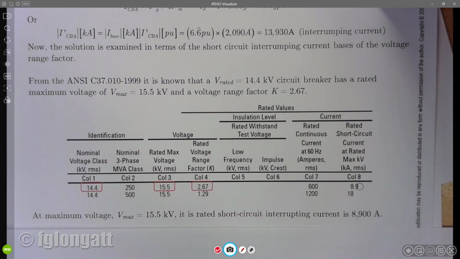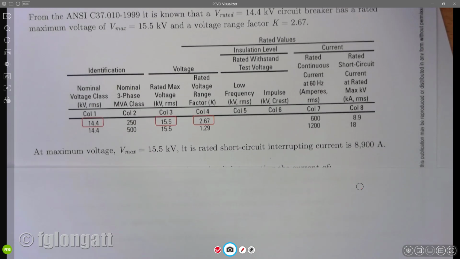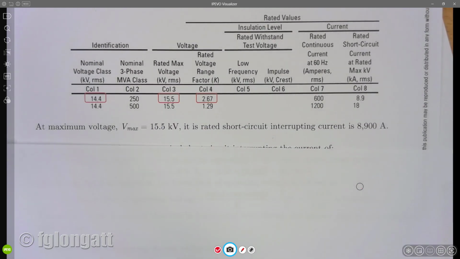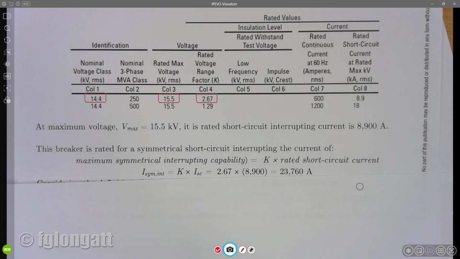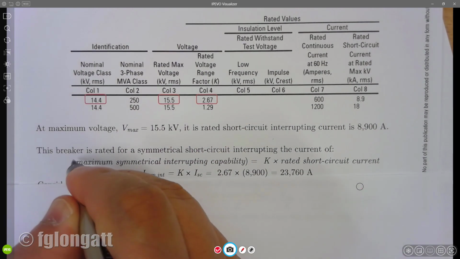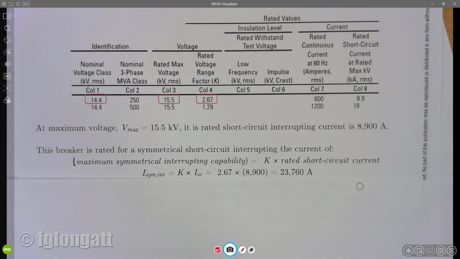Right now, let me move this a bit to the top. The first step is that we need to calculate the maximum instantaneous symmetrical current for this device.